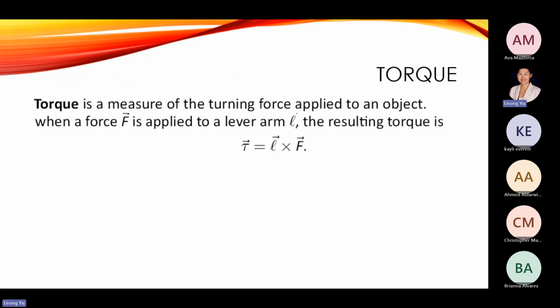Torque is a measure of the turning force applied to an object. For example, when you want to screw a nail or put a nail in, we turn to put the nail in the wood.